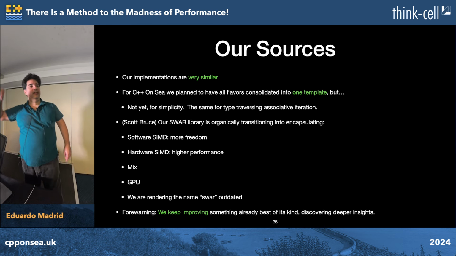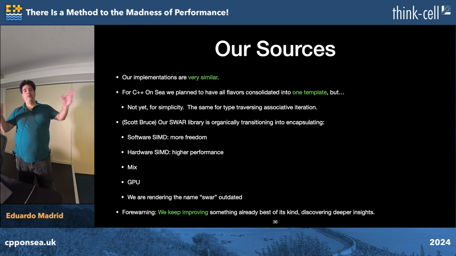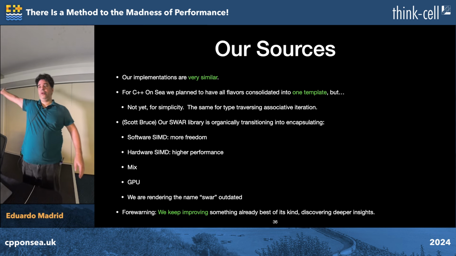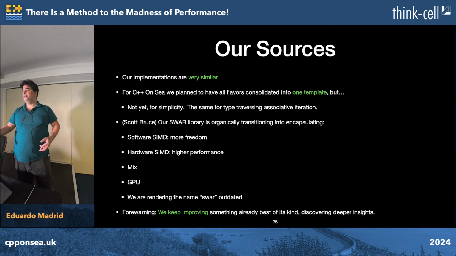We have that in the library. Or more precisely, we can synthesize that operation using the same technique that we use for normal integers, but for SIMD registers. And if we want top performance when the hardware is available, then we can use the hardware SIMD. We can do mixes between hardware SIMD and software SIMD.